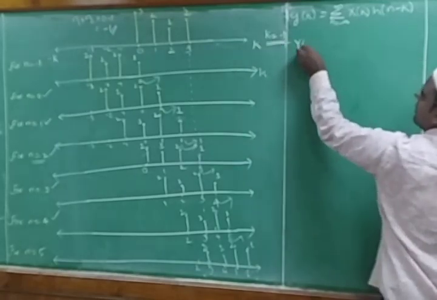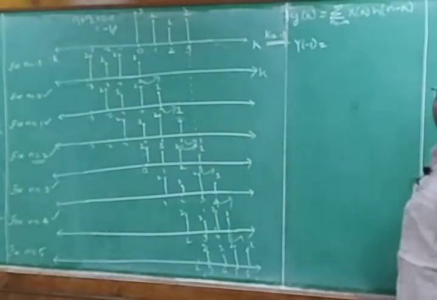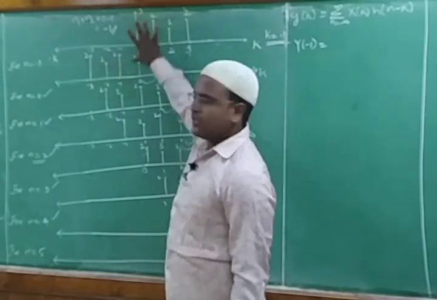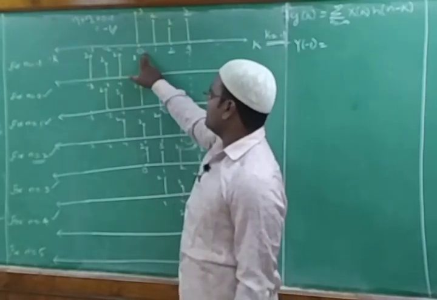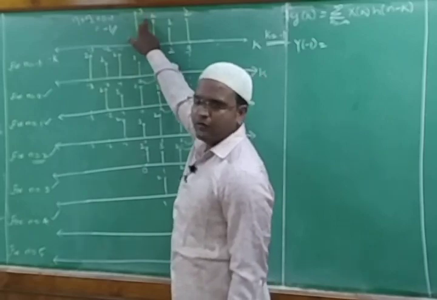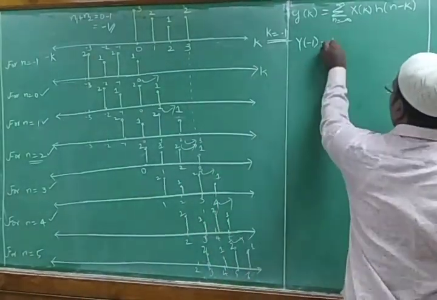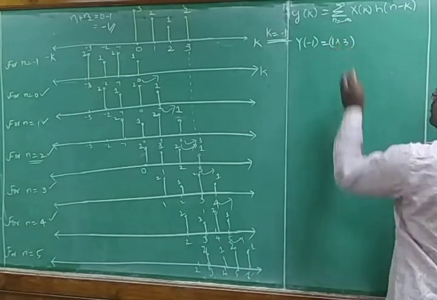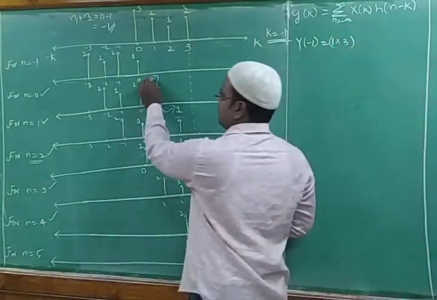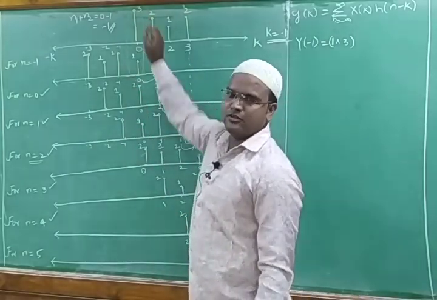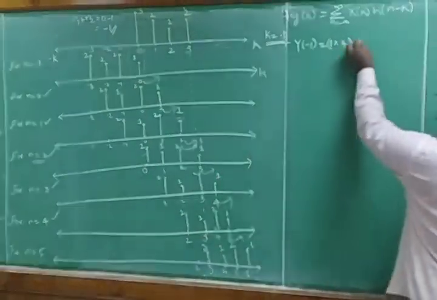So y of -1 equals, we'll multiply the respective positions. You have this at 0, here is 1, here we have 3. So for the first term I can write 1 into 3, because only this position is matching for both of them. So this is 1 and this is 3. So 1 times 3, we got it as 3.